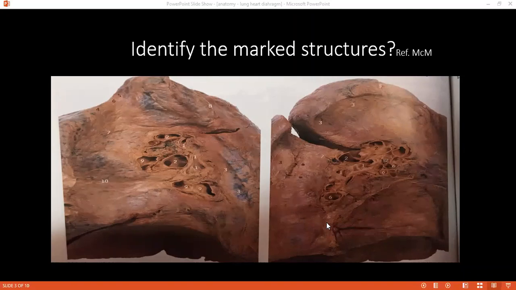Okay, good. Can you please tell me how many bronchopulmonary segments there are in each lung? There are 10 segments, ma'am, in each lung.